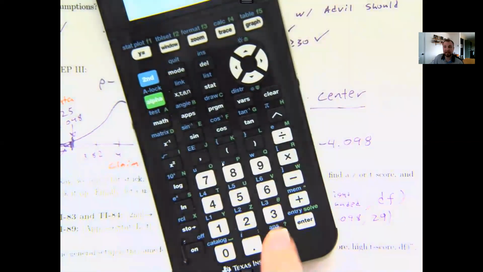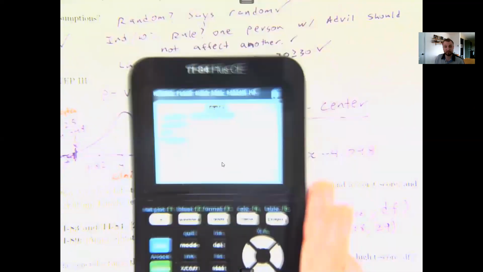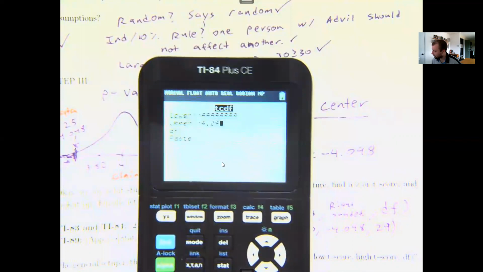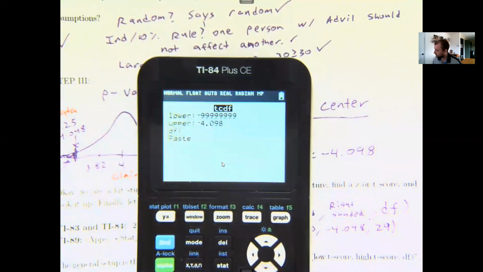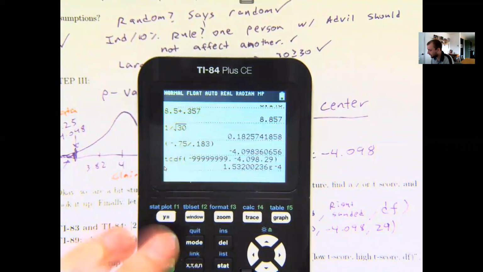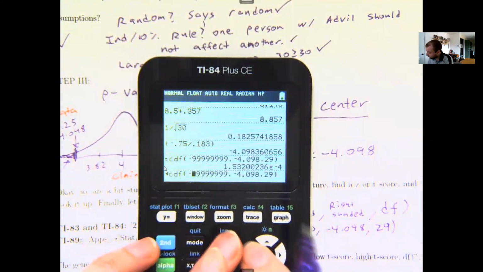Make sure you're hitting the negative button when you're doing negative 99999. Otherwise, your calculator is going to give you an error. Likewise, negative 4.098. My degree of freedom is 29. I paste, and I hit enter. If you have a TI-83, when you're doing this step, it's actually going to look a bit more.